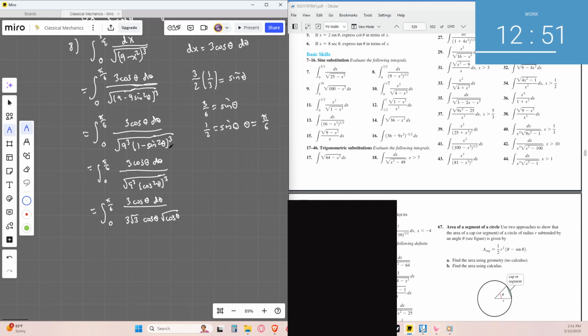And then that's a third, so 3 times 2. Technically that would be a 6. So then we'd be left with cosine to the 6.